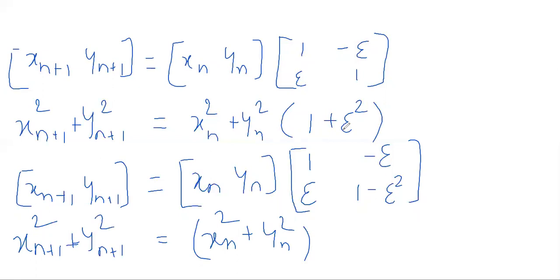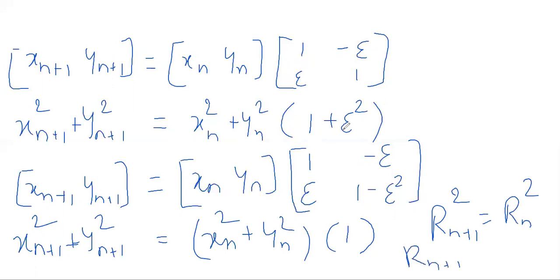Calculate the determinant. It's 1 minus epsilon square plus 1, so it gives you 1. Okay, now can I say my Rn plus 1 square is equal to Rn square, or can I say Rn plus 1 is equal to Rn? Definitely yes.